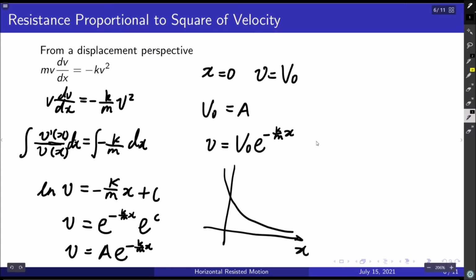So this is one way of approaching it. There's also a slightly different way of doing it. The second way is to treat it like what we did when we dealt with velocity in terms of time.